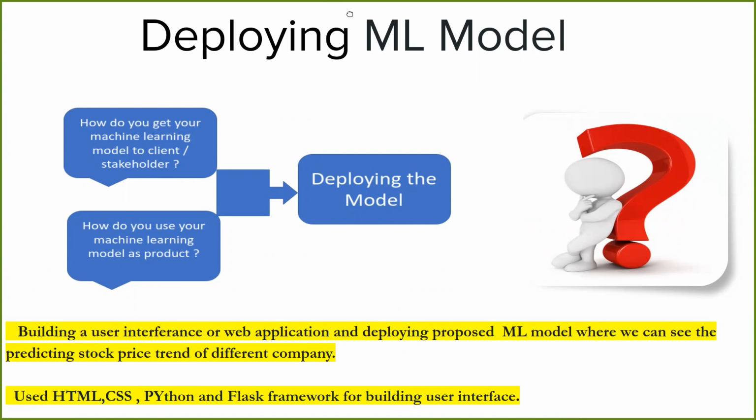The answer to this question is deploying the model. Model deployment can be defined as a model that is kept in a production environment or a server where it takes input from the user and gives output in real time.